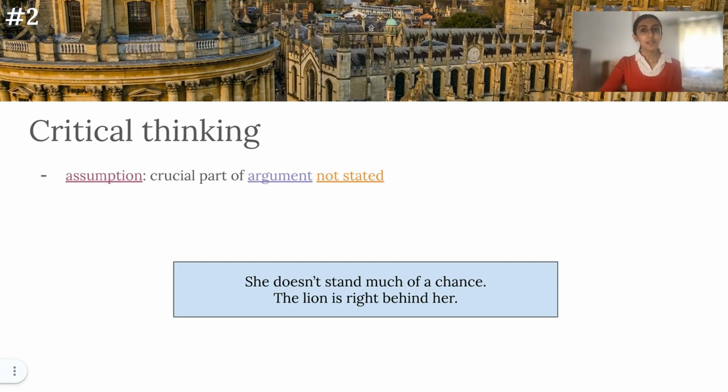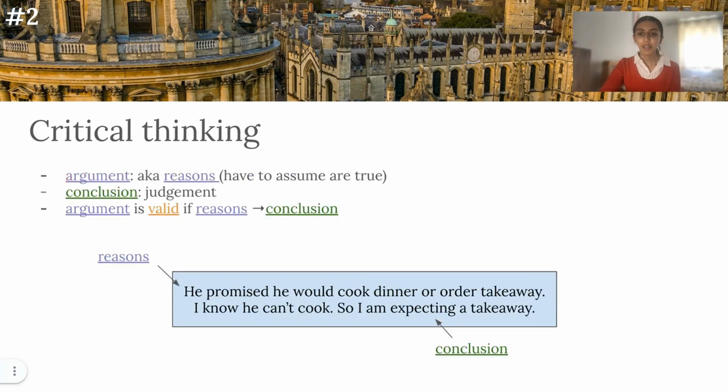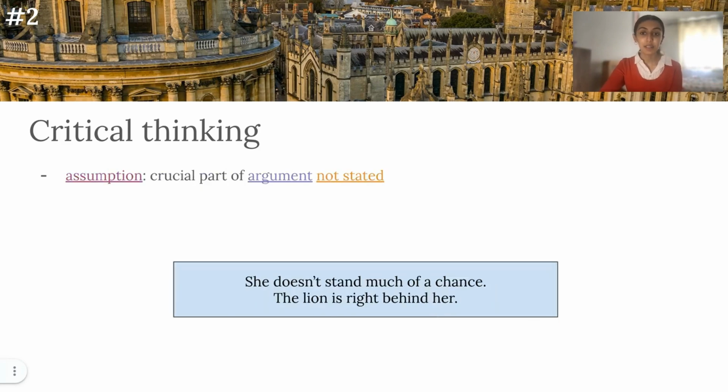Now, what is an assumption? An assumption is a crucial part of an argument not stated. So you could essentially think of it like a reason, but it is not explicit and is something that a reader has to assume. So in my little example: she doesn't stand much of a chance. The lion is right behind her.